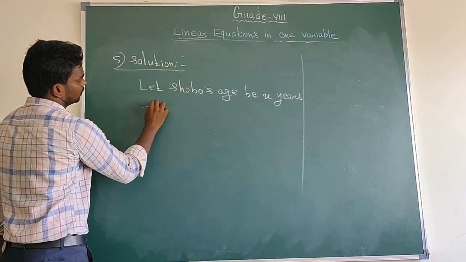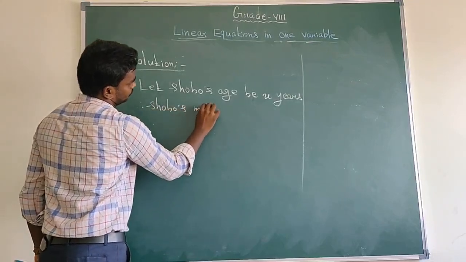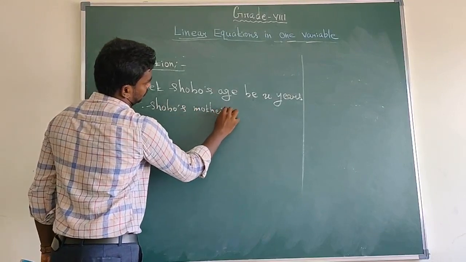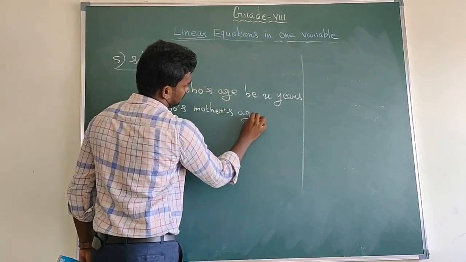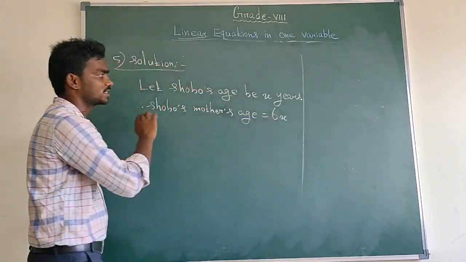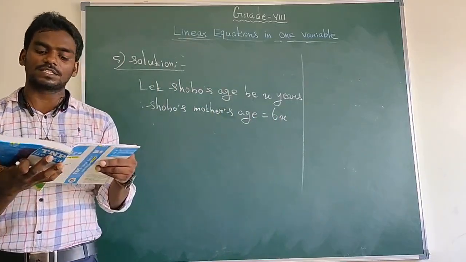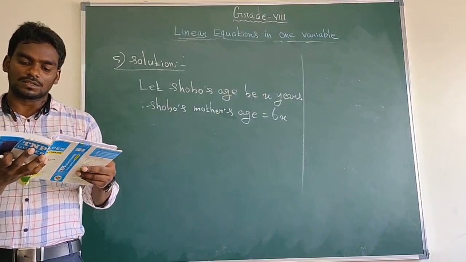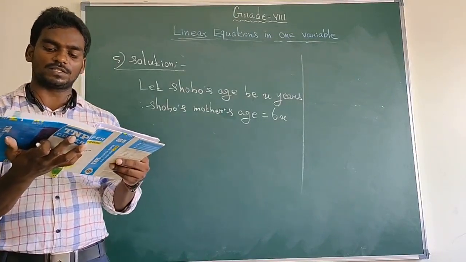So therefore, Sobo's mother's age is equal to 6x. So how to consider Sobo's mother's age is 6x? Here Sobo's mother's present age is 6 times Sobo's present age. So Sobo's age 5 years from now will be 1/3 of his mother's age.